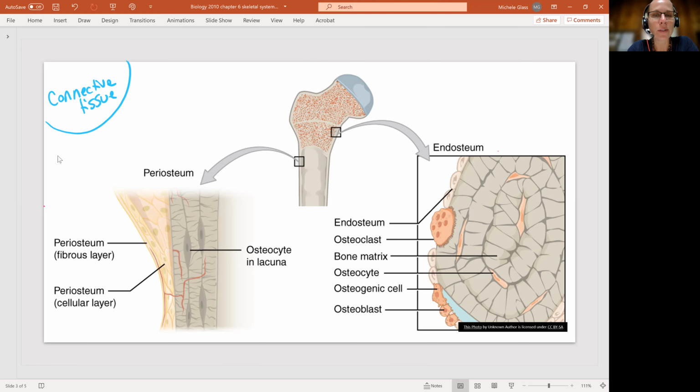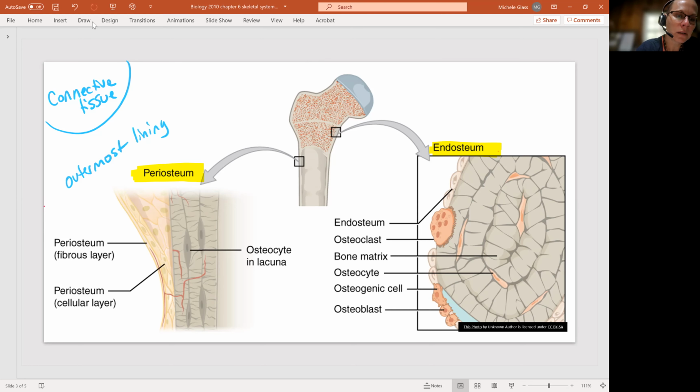And so the whole system essentially is composed of connective tissue. But what we're going to see is wrapping around the very outside of the long bone, we have periosteum. And then lining the very inside of the long bone, we have endosteum. And so these tissues are going to be really important. When we look at the periosteum, it's this outermost lining.